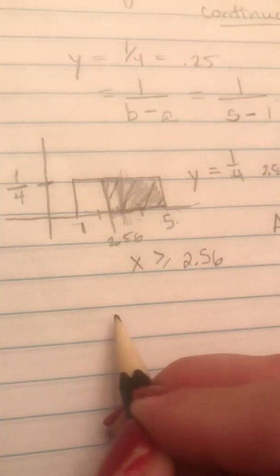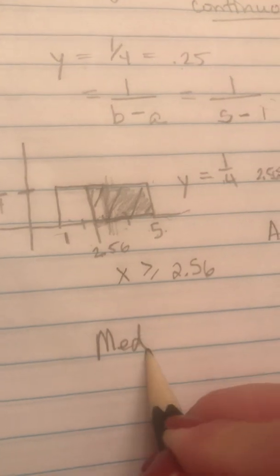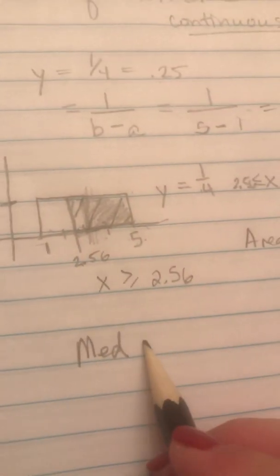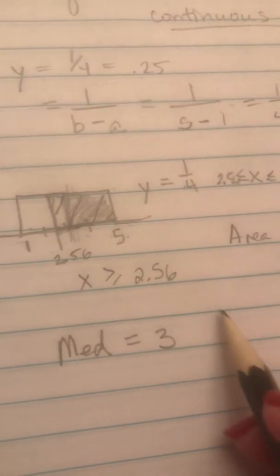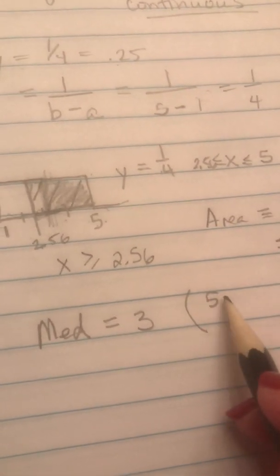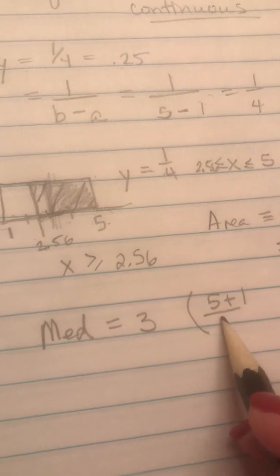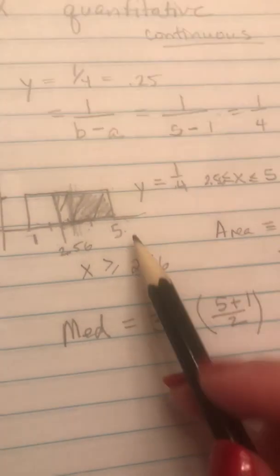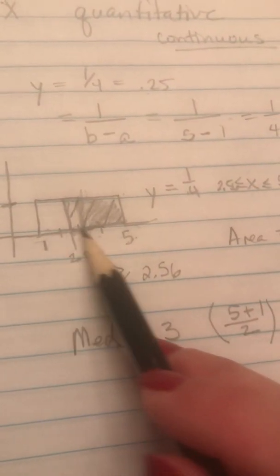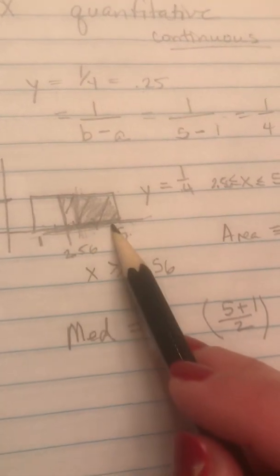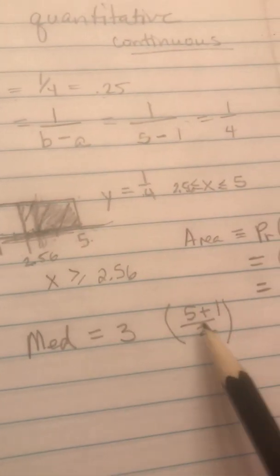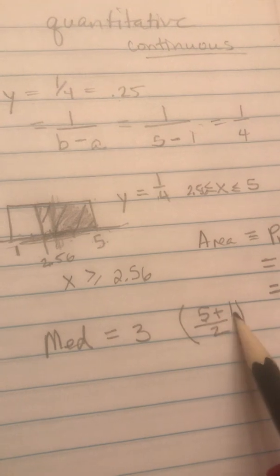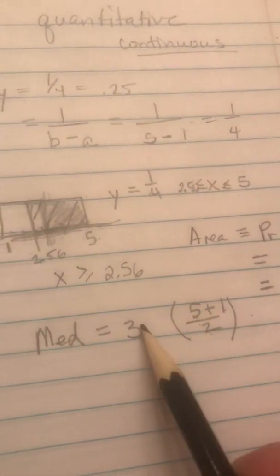So the median here, the quantity with 50% of the area above and 50% below, is going to be 3. Notice to find the length, I said 5 minus 1 was the distance between the two. If I want the midpoint between 5 and 1, it's the average of those two, which is 3.